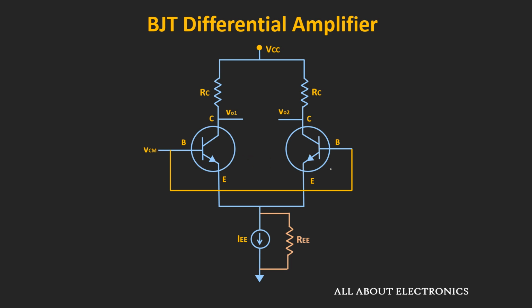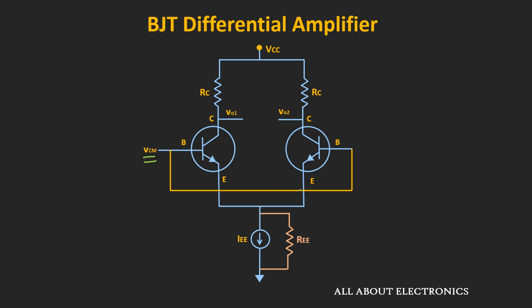But of course, if both transistors are matched perfectly, then the change in the voltage VO1 and the VO2 will be the same. Or in other words, if we see the differential output voltage, then still it will be equal to 0. But if we see the single-ended output, or the output only across one particular terminal, then for this non-ideal current source, we will get some finite change in the output if there is a change in this common mode input signal.